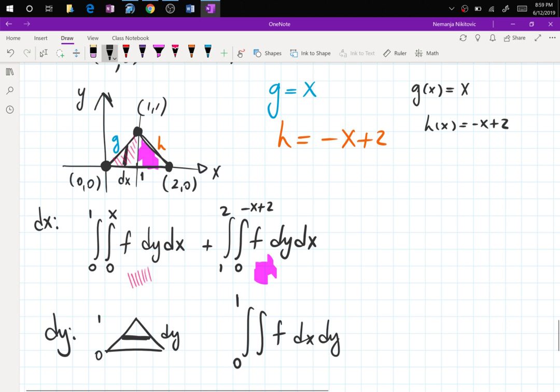And then I have to flip these functions, because this is y equals x, now I need x equals y. And this is y equals negative x plus 2. I need to solve this for x, so x equals 2 minus y. So this one is 2 minus y that goes on top, and the one on the left is just y.